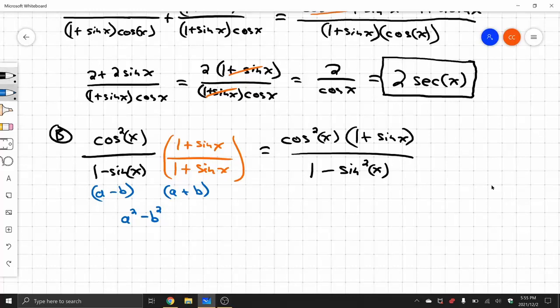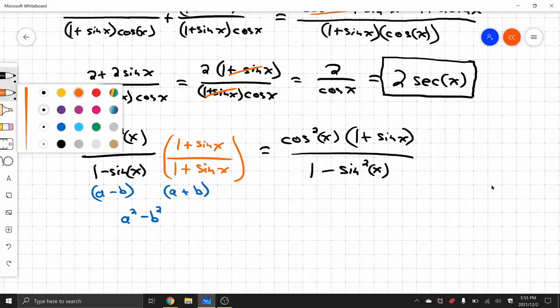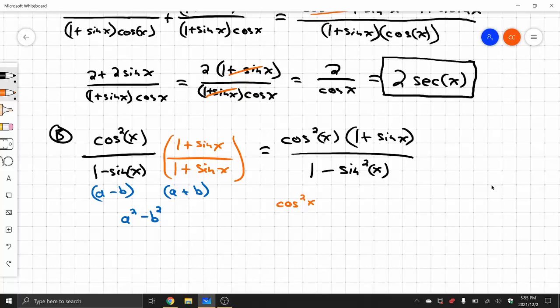Let's see, cosine squared x plus sine squared x. That equals 1, right? So again, if I solve for cosine squared x, that's going to be equal to 1 minus sine squared x, which is what I have here. Okay, so I'm going to replace this 1 minus sine squared x with the cosine squared x.